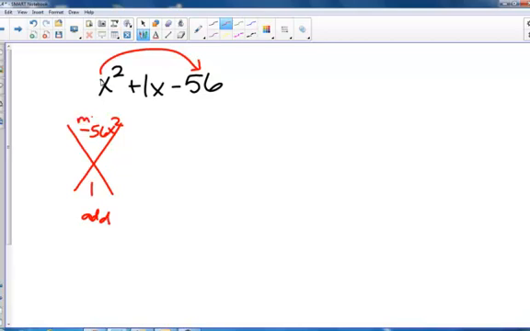We would think about factors of negative 56. 8 and negative 7.